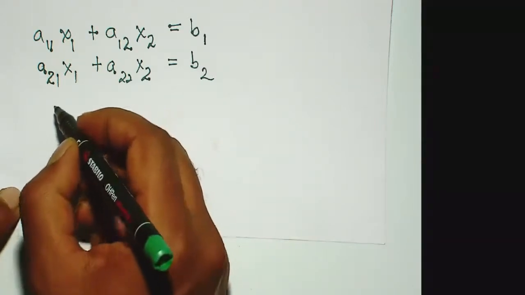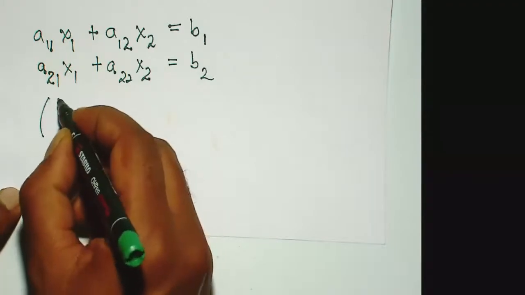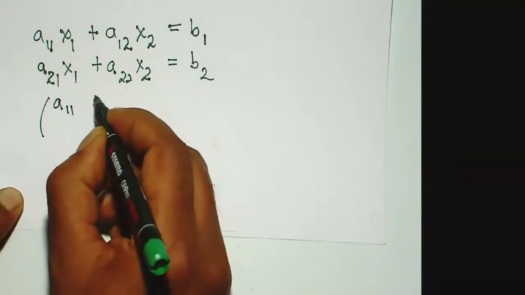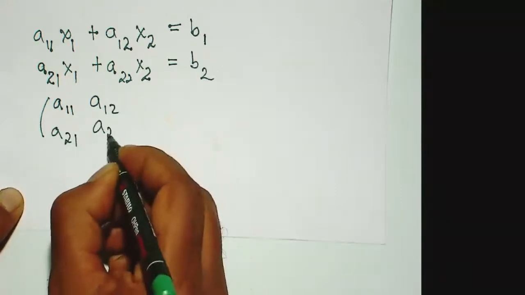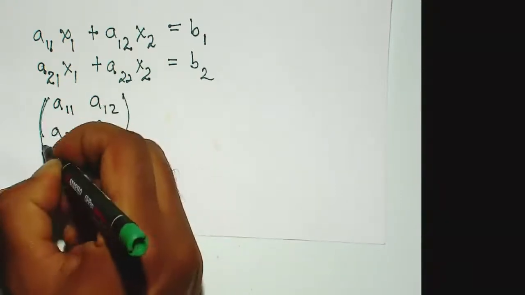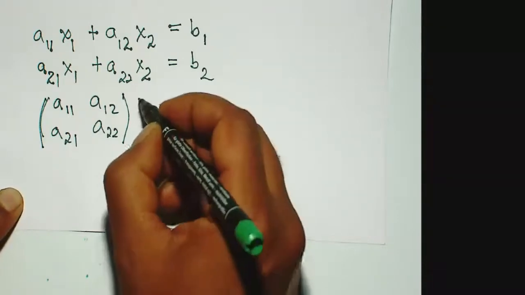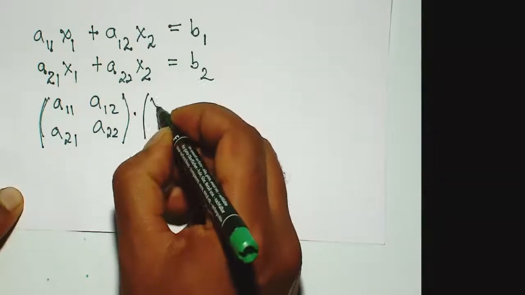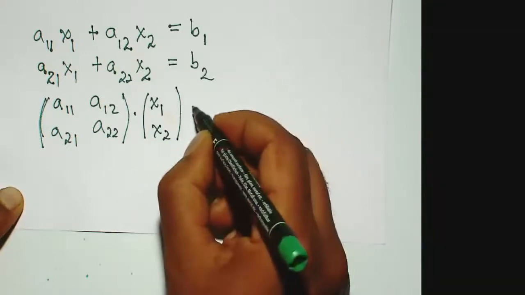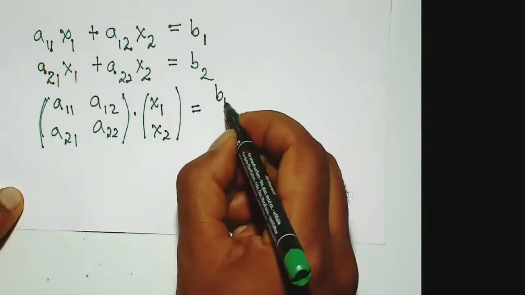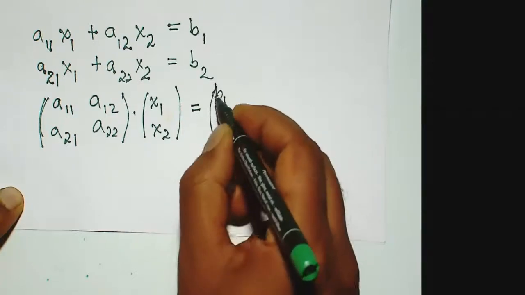To do so, it's just taking the values a11, a12, a21, a22. This is to be considered as one matrix multiplied by another vector matrix x1 and x2, which would give us b1 and b2.